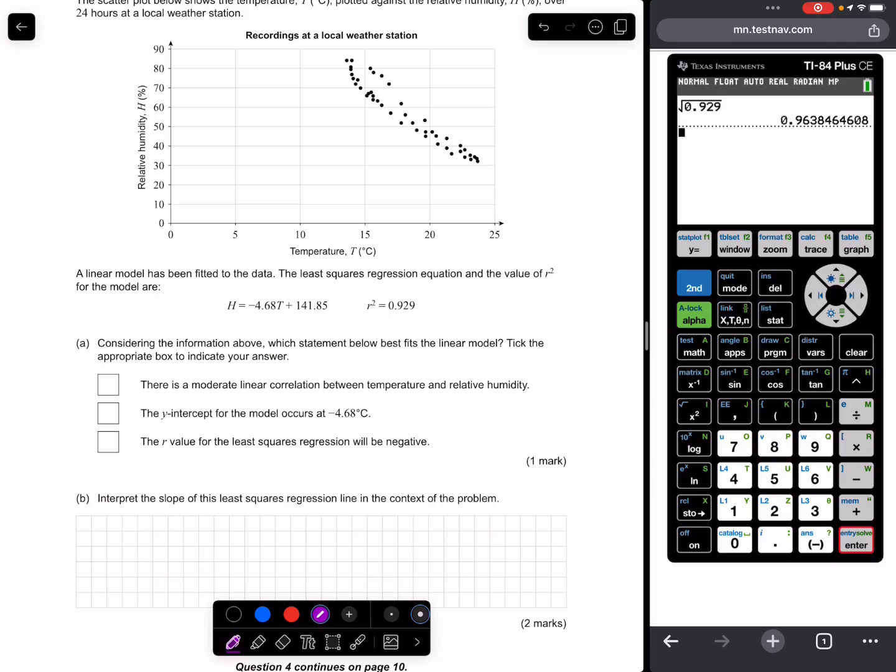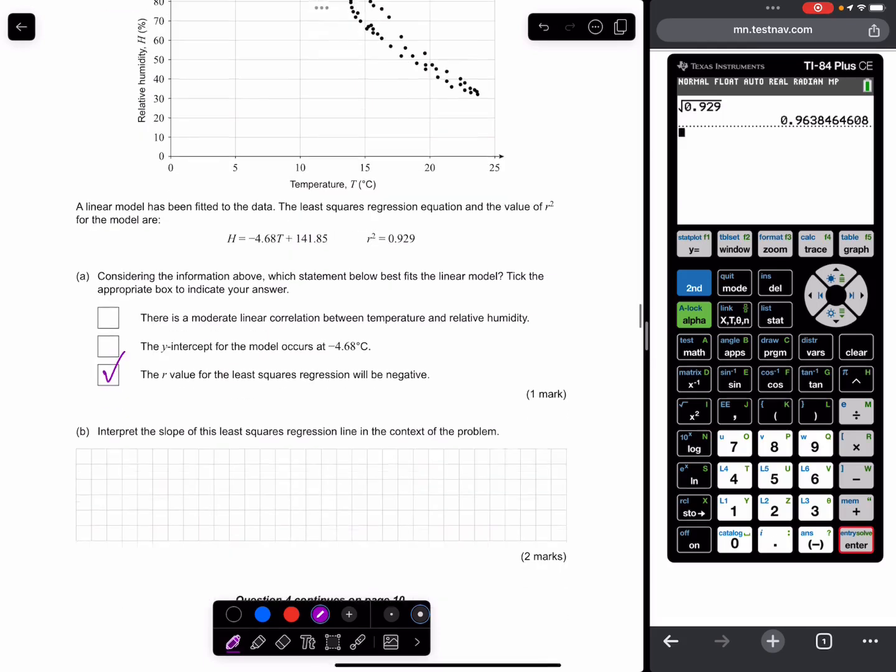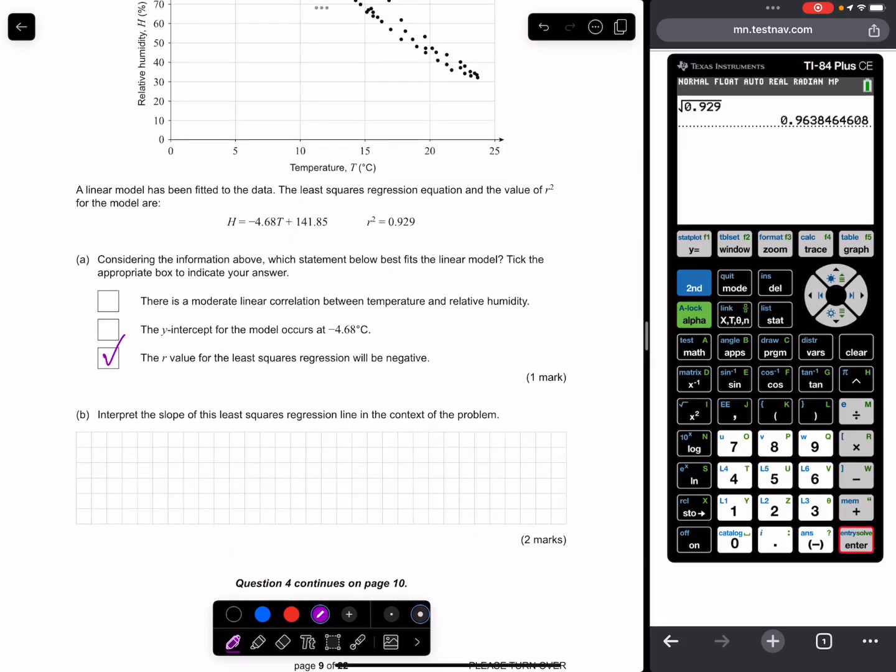The y-intercept for the model occurs at negative 4.68. No, negative 4.68 is the slope. The r value of the least squares regression line will be negative. That is the true one because it is a negative linear relationship. Interpret the slope of this least squares regression line in context of the problem.